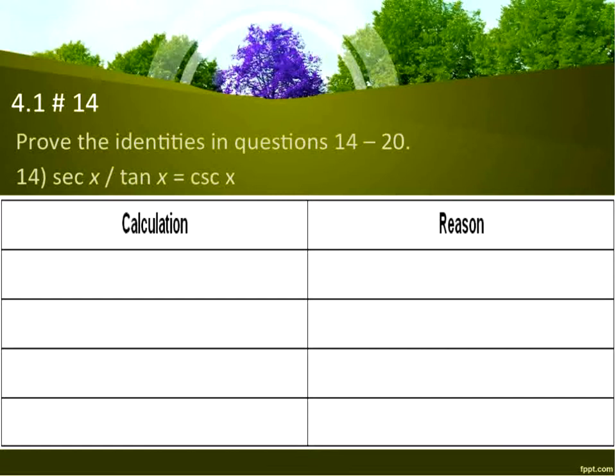When we first start a proving problem, when I'm trying to prove that the identities are true, we always start with the harder of the two sides. The side that looks harder would be the left side, so I'm going to pick the left. Now what's my first step going to be? To change anything that's not sine or cosine into sine or cosine.